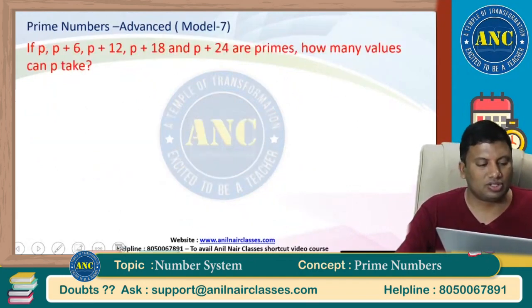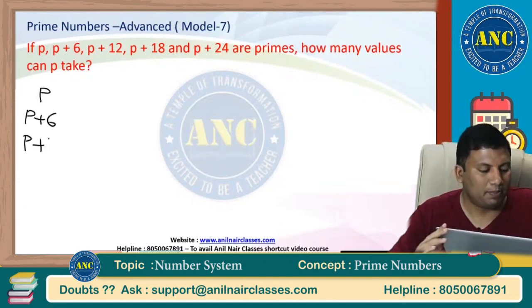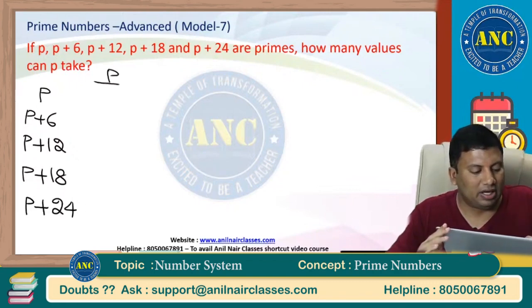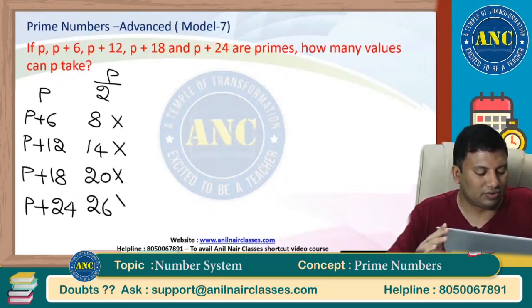Previous year questions are also over. Now it is P, P plus 6, P plus 12, P plus 18 and P plus 24. All these are prime numbers. If P is 2, then 2 plus 6 is 8, then 14, 20 and 26.